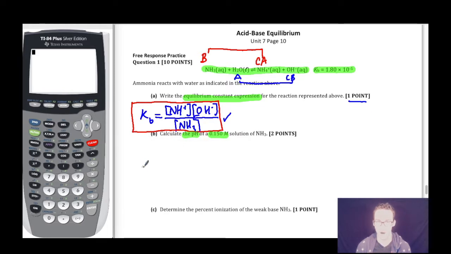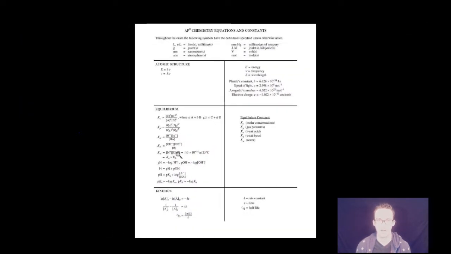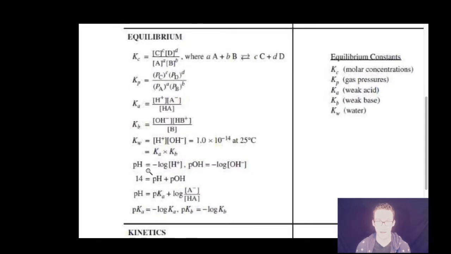Now, to tackle this problem, if you've forgotten what the formula for pH is, lucky for you, it's on your formula chart. If we take a look at some of the formulas provided to us underneath the equilibrium section, we will find a formula for pH, which is equal to the negative log of the hydrogen ion concentration.